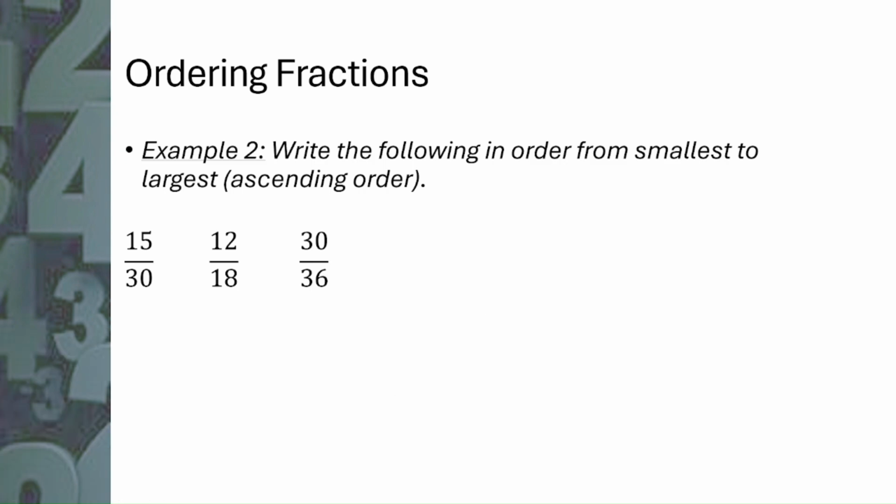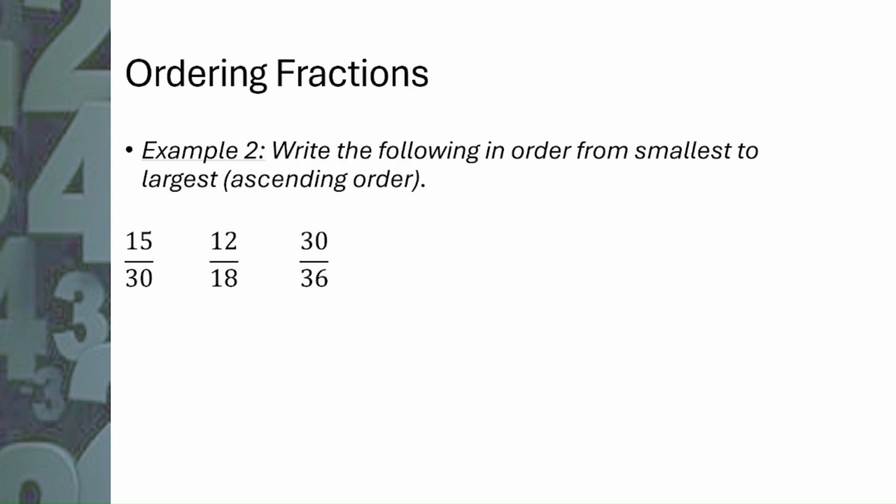Let's dive into example 2. Write the following in order from smallest to largest. This is more commonly known as ascending order. Smallest to biggest is commonly known as ascending order. Biggest to smallest is called descending order. Let's take a look at what we've got going on here.